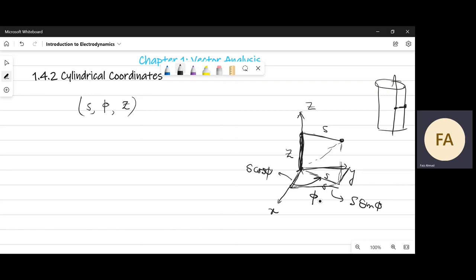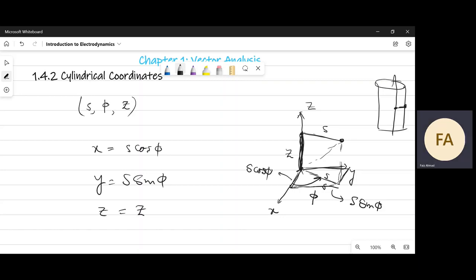So this is y and this is x. We can write s, phi, z in terms of x, y, z, or the other way around: x is s cosine phi, y is s sine phi, and z is z.